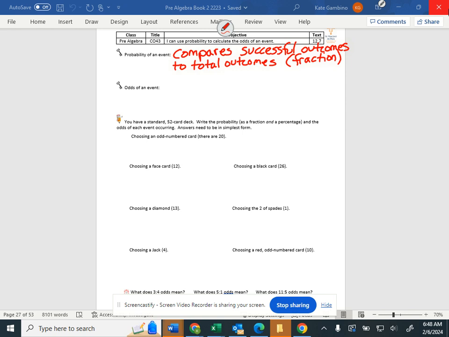Now the odds of an event compares successful outcomes to unsuccessful outcomes.